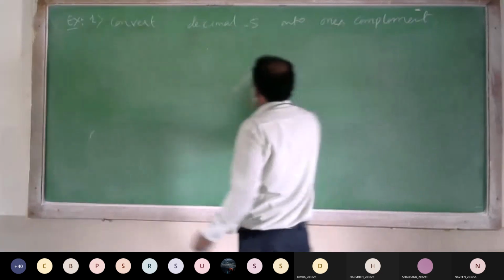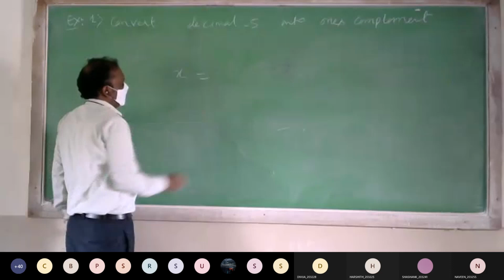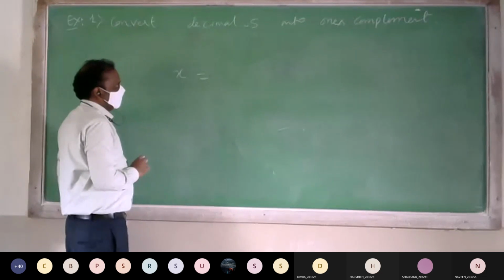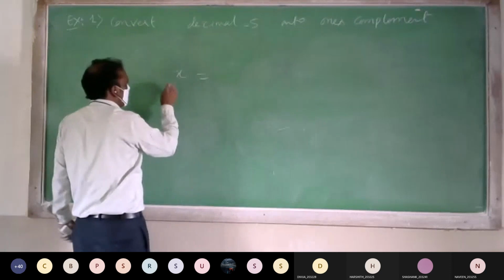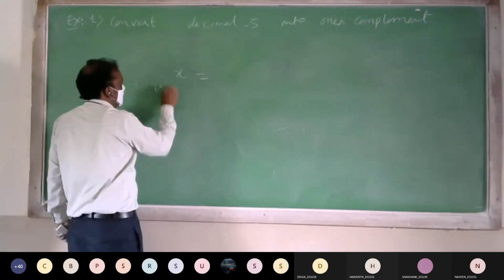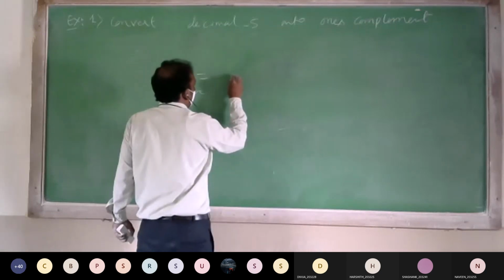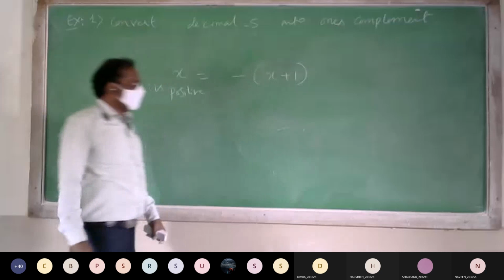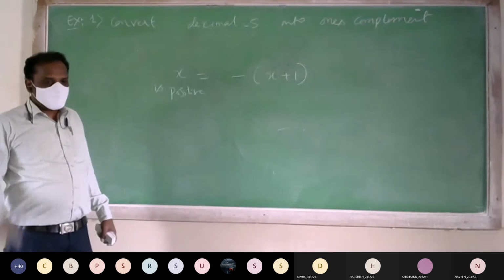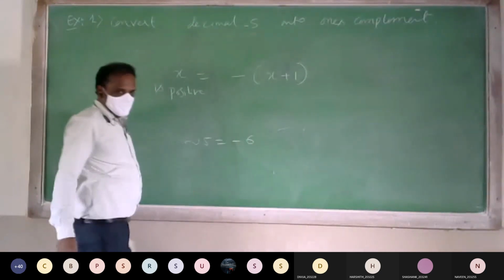For example, if x is there, if x is positive, the result will be minus x plus 1, that is, minus x minus 1 in 1's complement terms. See the first problem, 5. What is the 1's complement of 5? We have got minus 6.